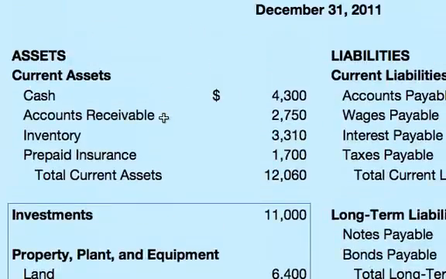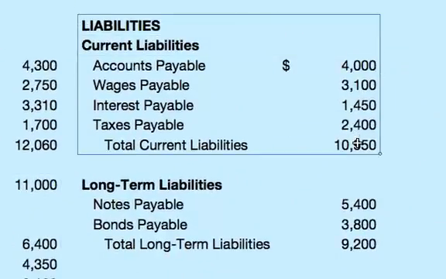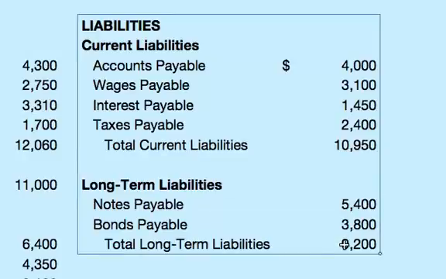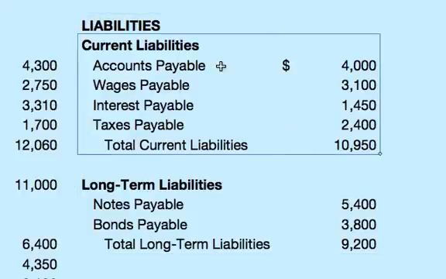Now, if we come over here to liabilities, they are the same as assets in that they're differentiated between current liabilities and long-term liabilities. So current liabilities, again, it's the same thing. Any liabilities that are expected to be satisfied within a year. So you have accounts payable, wages payable, interest payable, taxes payable, and these are things that just need to be satisfied within a year.